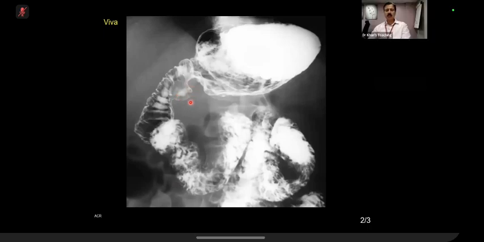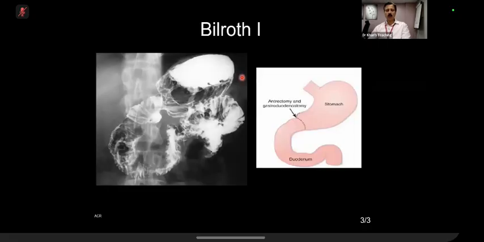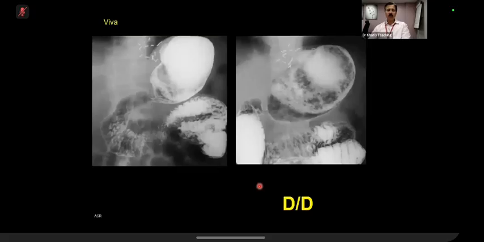So this is a giant recurrent ulcer, and this patient has got Billroth 1. So Billroth 2 and Billroth 1, both are exam cases, and if you know this appearance, only then you can pick it up. Okay, this is an excellent exam film. This is your last film, but it is a very, very good film.